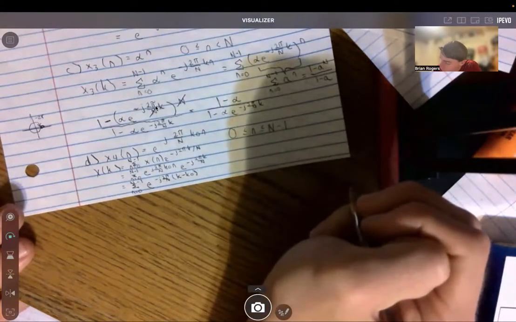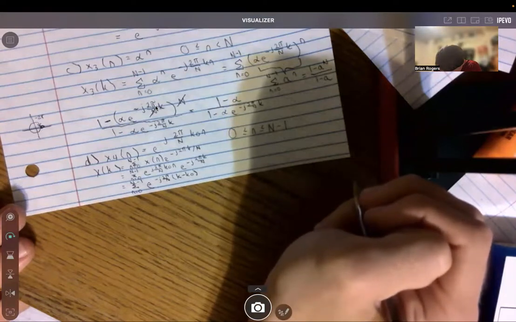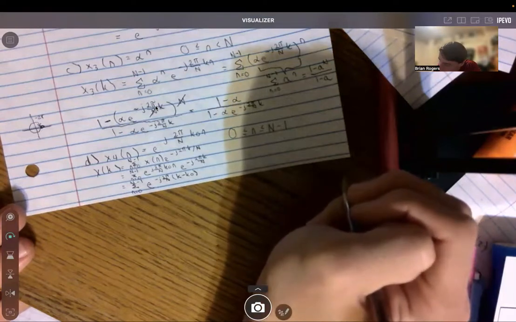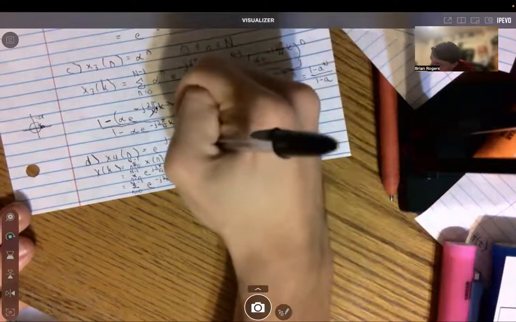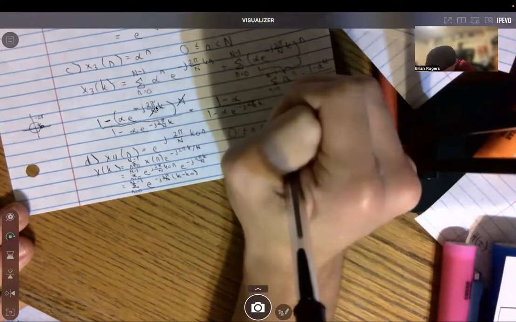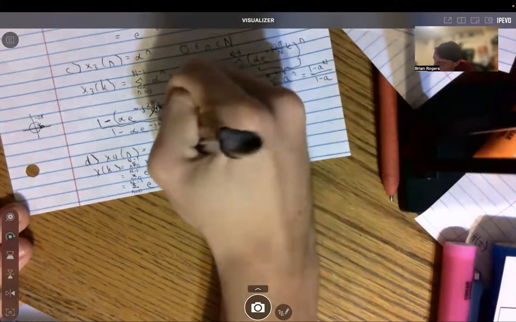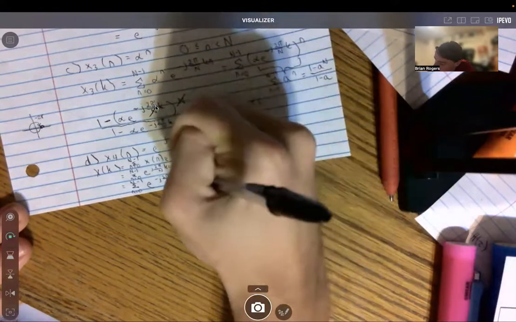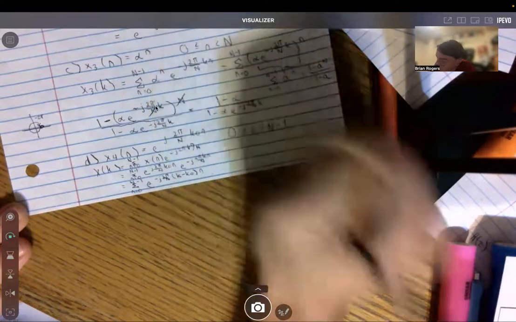Recall k0, this would be n. Oh yeah, I just forgot to put in the n here, sorry, it got covered up.